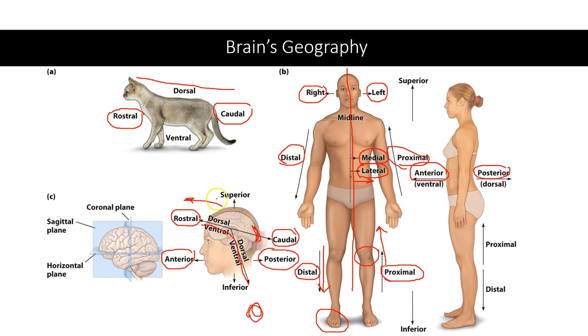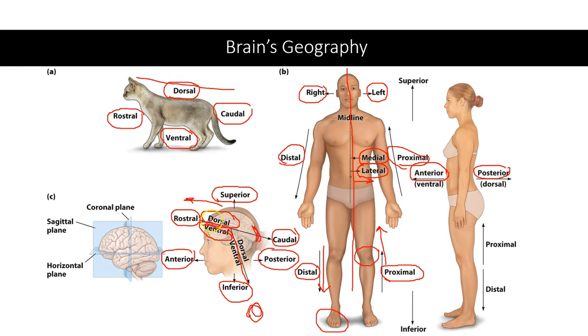Two other terms are superior and inferior. Superior means on top of, inferior means below. Dorsal and ventral are also opposites. Dorsal refers to towards the back, ventral towards the belly. Here it is much easier to see, towards the back, towards the belly.